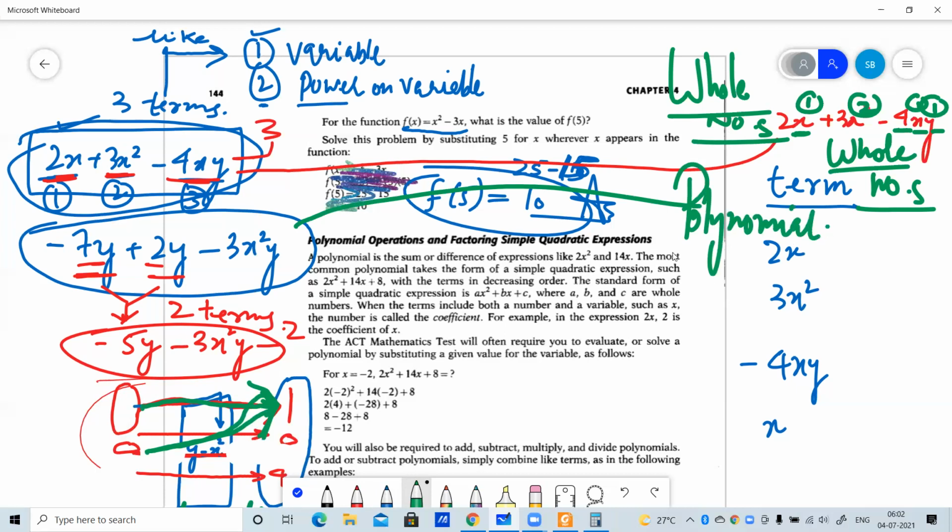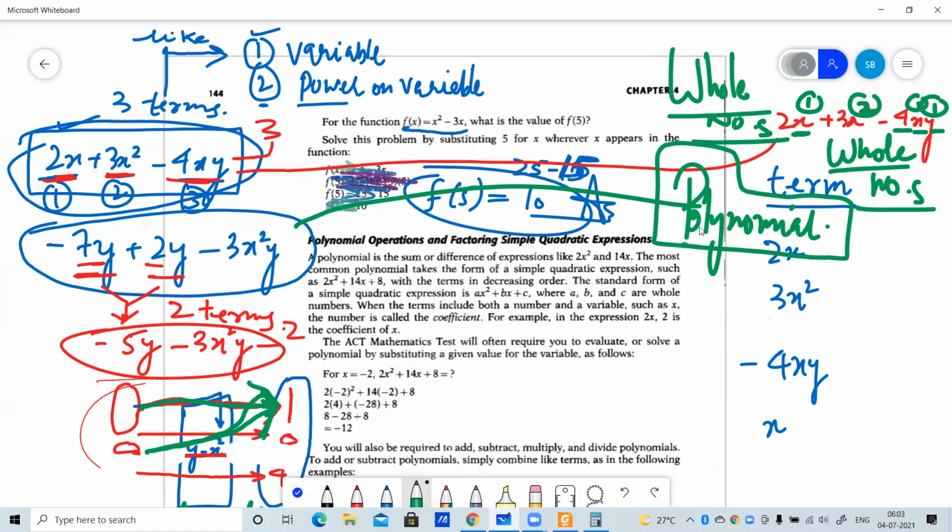Can you repeat the last sentence? Yes, that combination of terms is a polynomial. And what qualifies it to be a polynomial? Is it if they have whole number exponents? Correct, if they have whole number exponents. If they have whole number exponents, then that qualifies them for the polynomial. Makes sense.